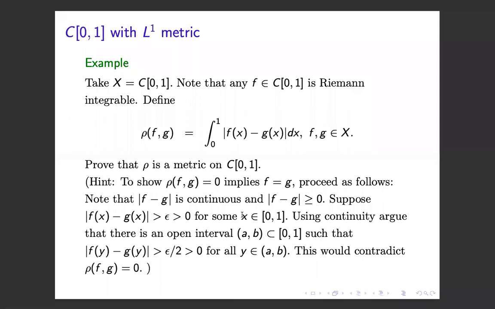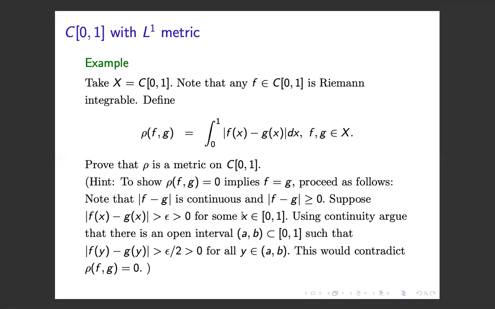Now if f = g is not valid, that means |f(x) - g(x)| is strictly greater than 0 for some x. By continuity, you argue that it has to be strictly positive in an open interval around that x. That will contradict your assumption that the distance between f and g is 0. So that's another metric on C[0,1].